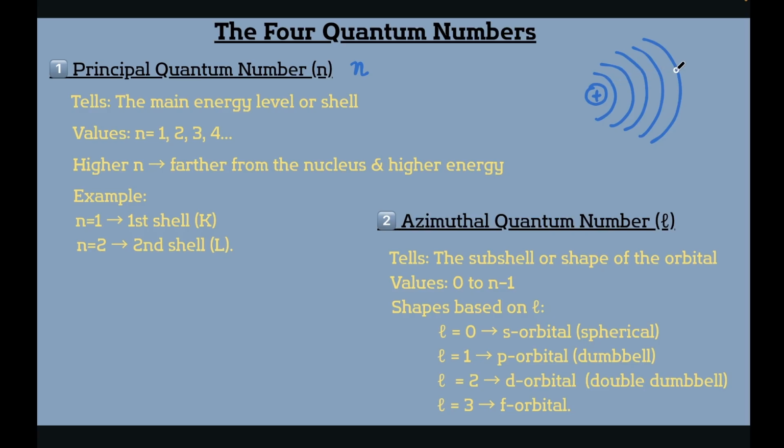These energy levels are named as K, L, M, N, and so on. These shells can also be numbered as 1, 2, 3, 4, and so on.